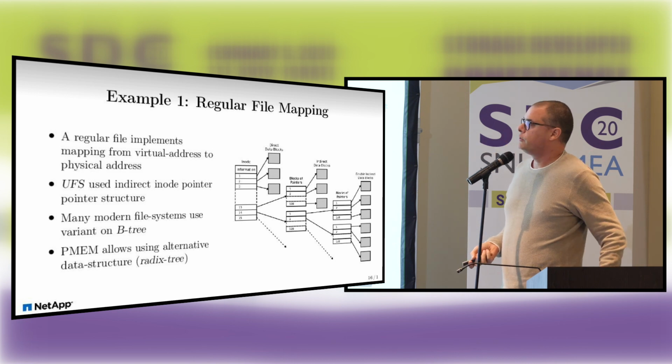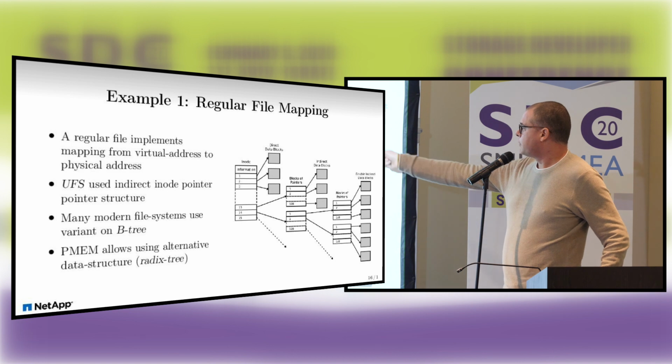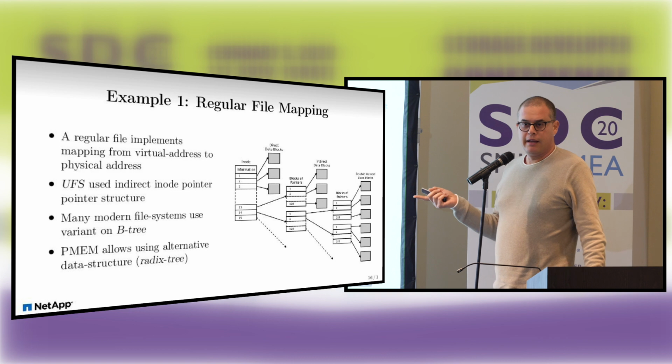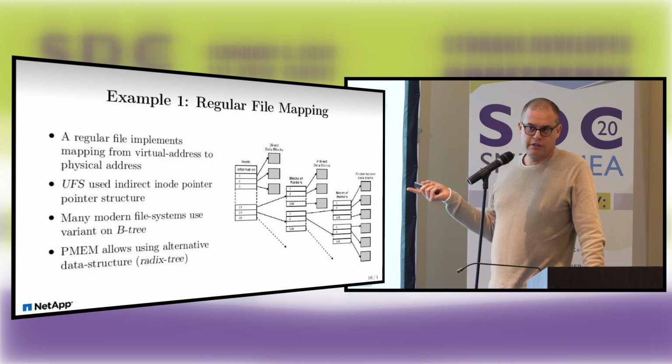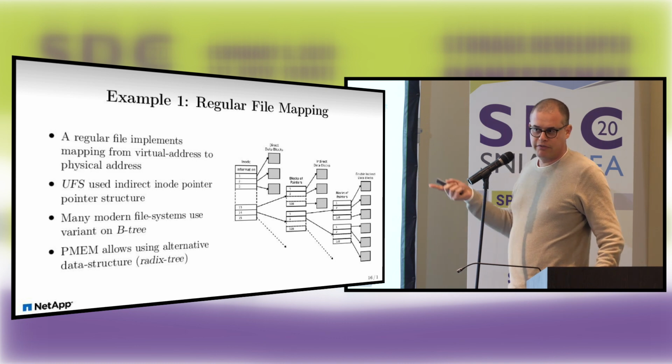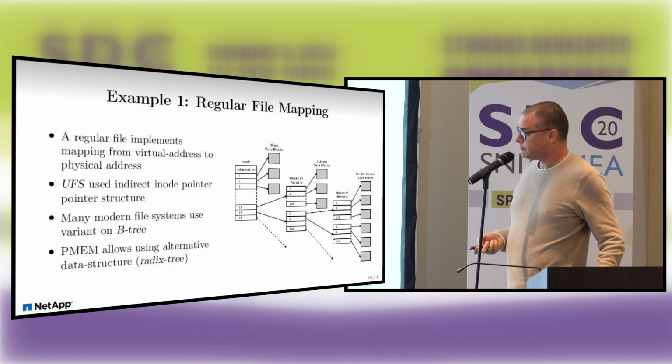This was the traditional way used by UFS and old file systems. This is actually taken from the Wikipedia page. But the more modern file systems use a data structure called a B tree or a B plus tree, with multiple variants. This is actually the king of file mapping nowadays.